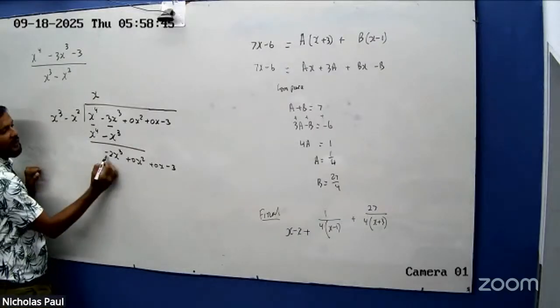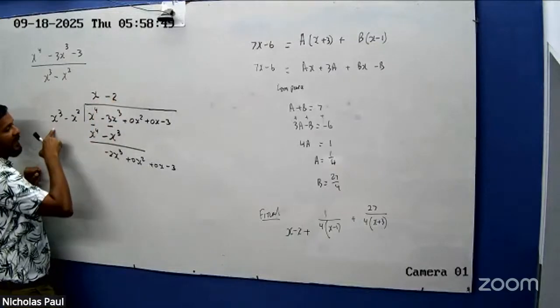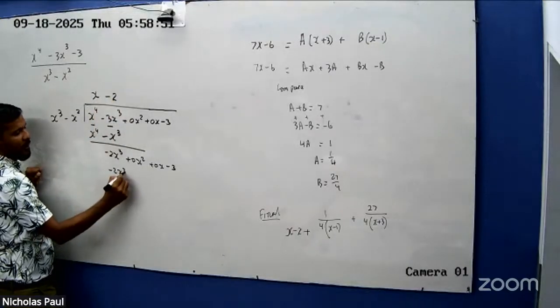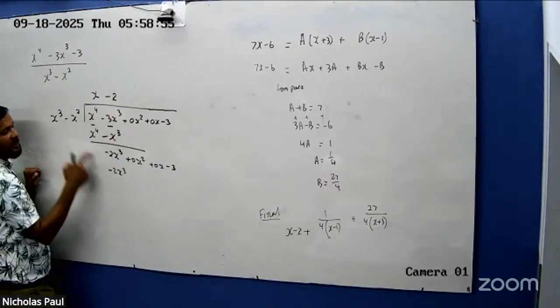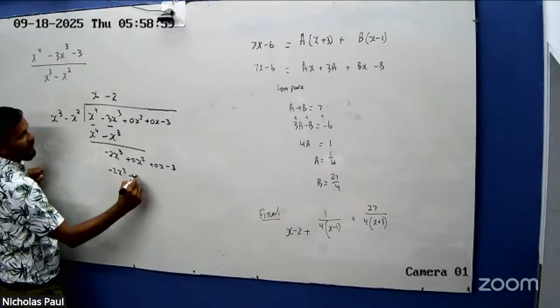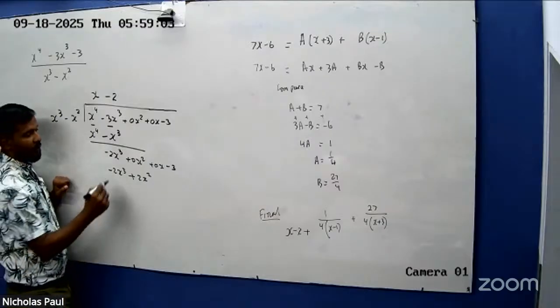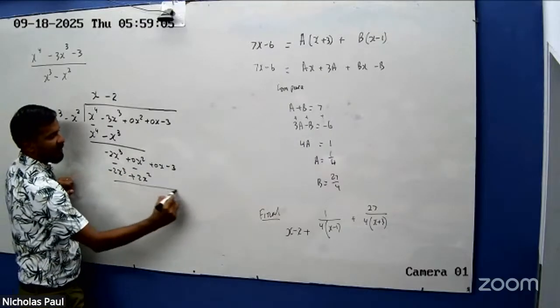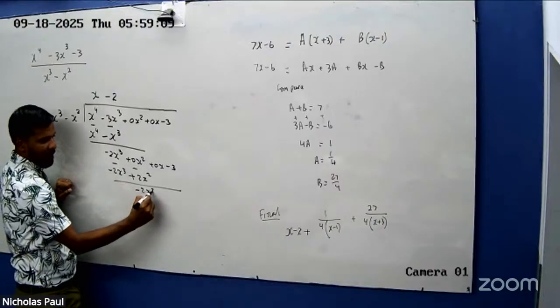X cubed into minus 2x cubed is minus 2. Minus 2 by x cubed. Most people have this, but it's this last line here. Minus 2 by x cubed, minus 2 by this is plus 2x squared. So now we minus in. This becomes 0. This becomes minus 2x squared.